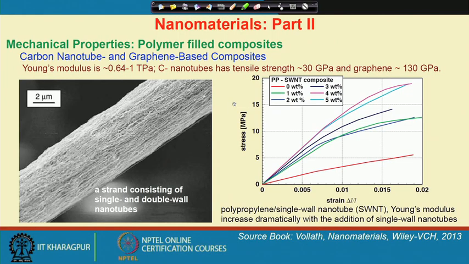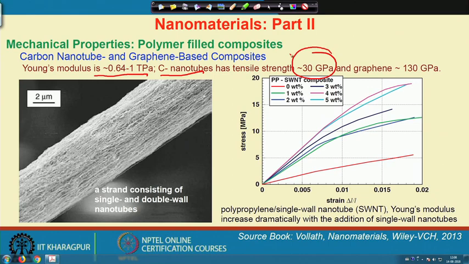Now, the third type of nanocomposites are the carbon nanotube and graphene based composites. Since a nanotube is a very small nanoscale hollow tube, it provides a very large Young's modulus in the range of 0.64 to 1 terapascal, and the carbon nanotube also provides a very high strength of 30 gigapascal.